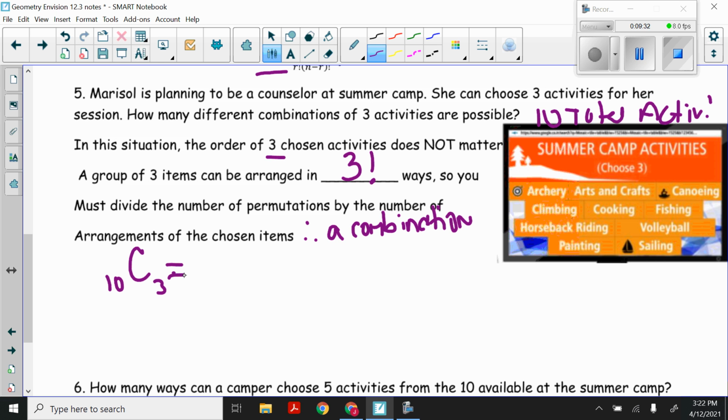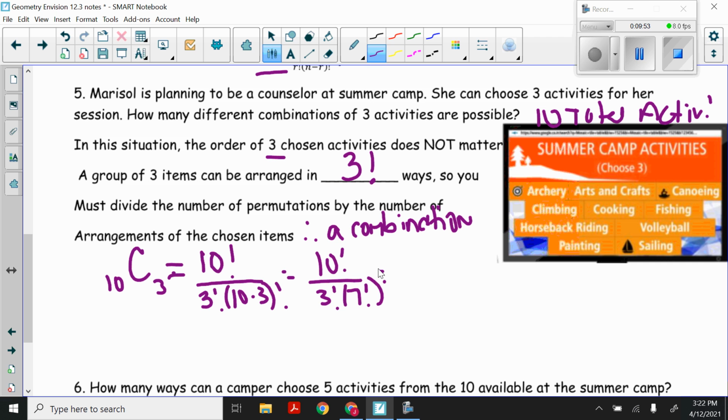In case you didn't have a calculator that would do this, the formula says 10 factorial over 3 factorial times (10 minus 3) factorial, which is 10 factorial over 3 factorial times 7 factorial.